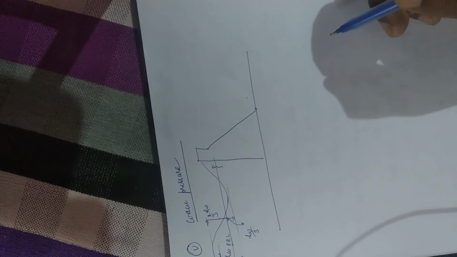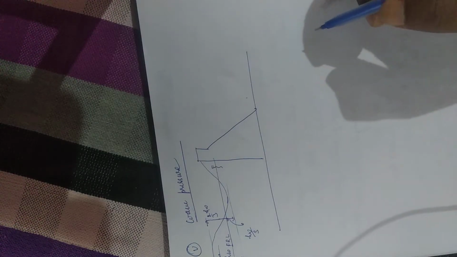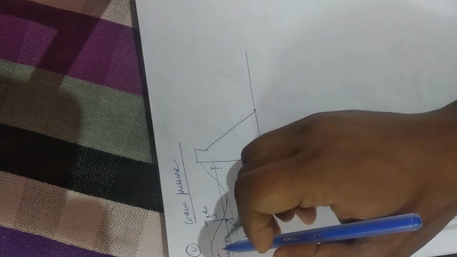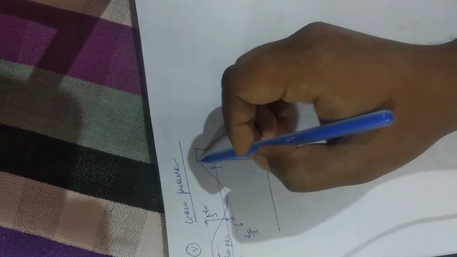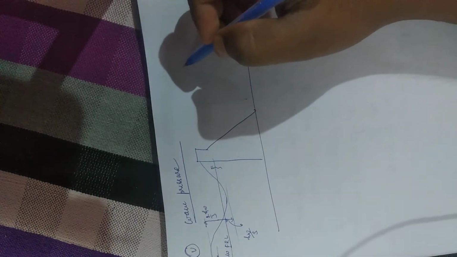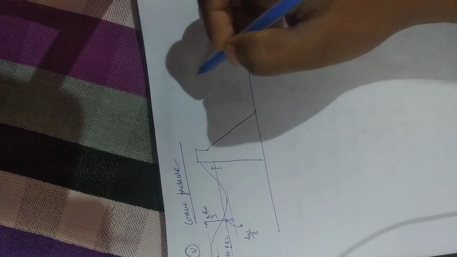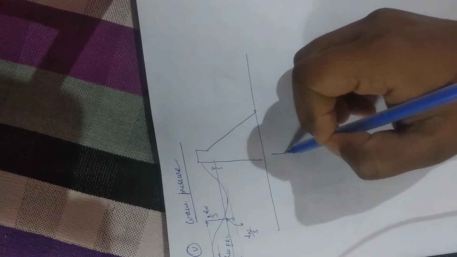This is water. Due to the wave pressure, the pressure variation will be like this, triangular.